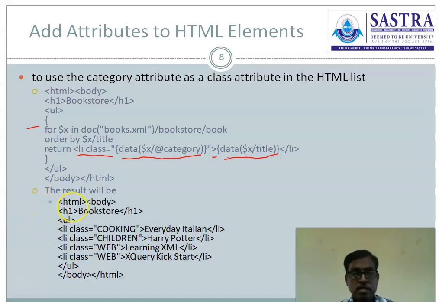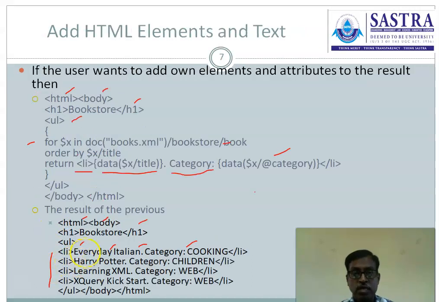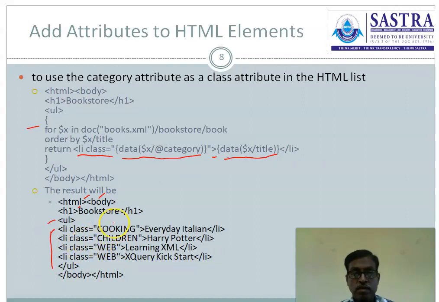See the results. As usual, HTML body and h1 are displayed, and then the unordered list li. See, previously only li, now li class equal to cooking, and then the title is displayed. Class equal to children, and the book title is displayed.